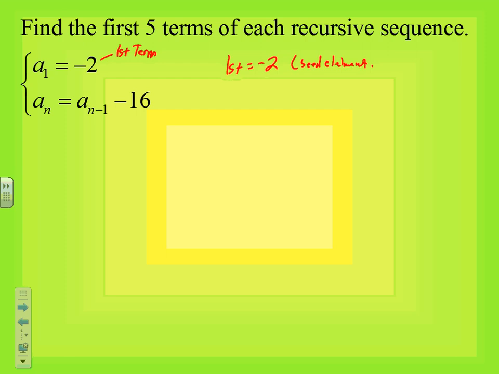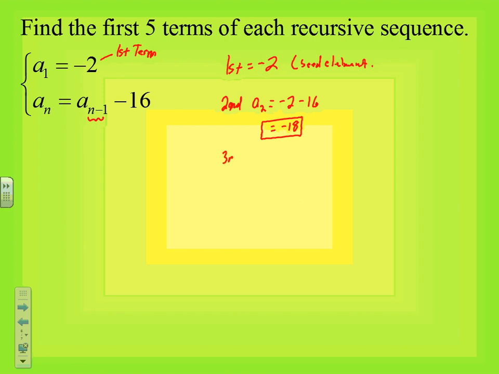So in order to find the second term, I'm going to say a of 2, or a sub 2, is going to be equal to the first element, because that's what the n minus 1 is. So I place the first term in there: -2 minus 16, and here I get -18. So here is the second term of the sequence.